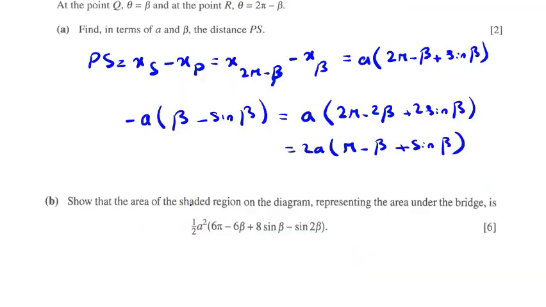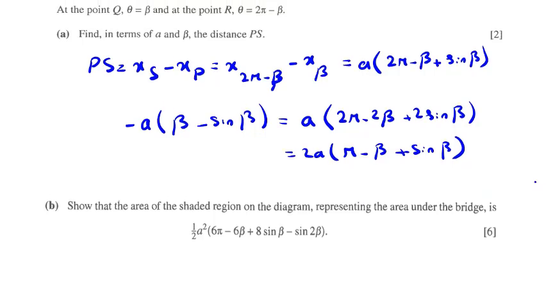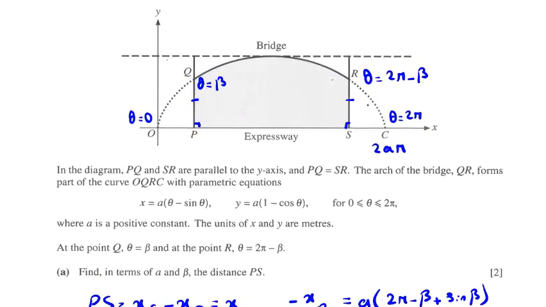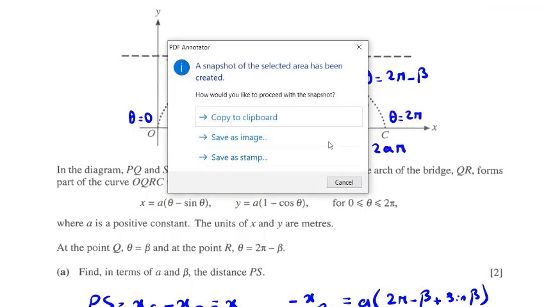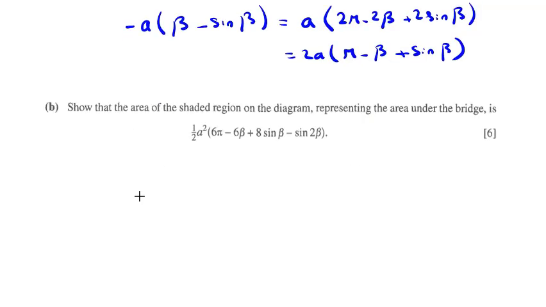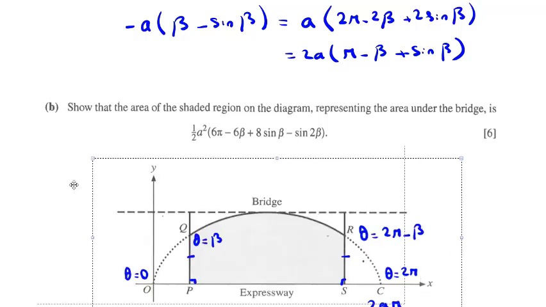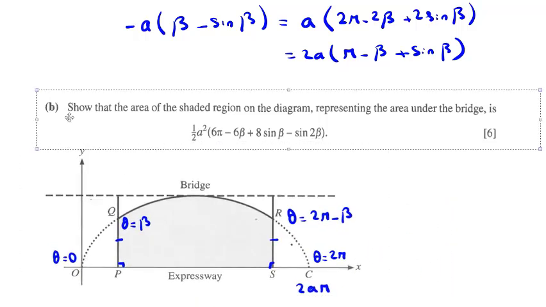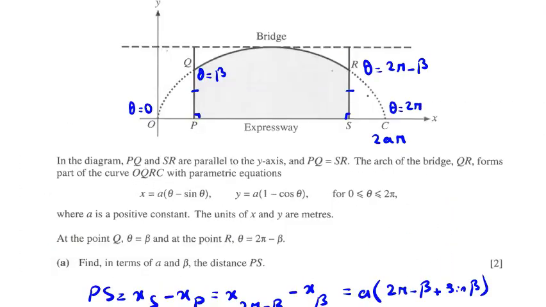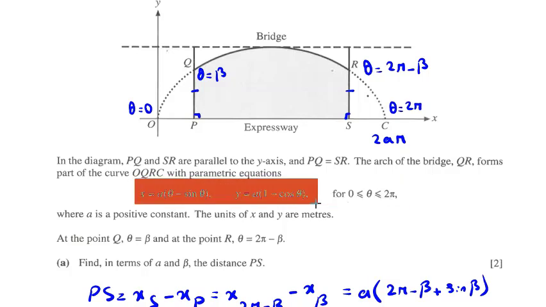Part B: show that the area of the shaded region on the diagram, representing the area under the bridge, is this. Let me copy this shape and paste it here, and we also know x and y.